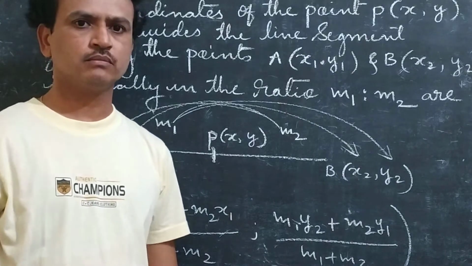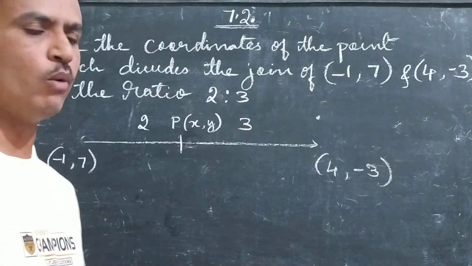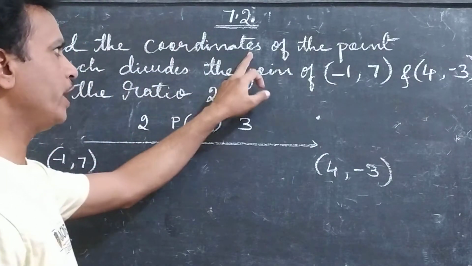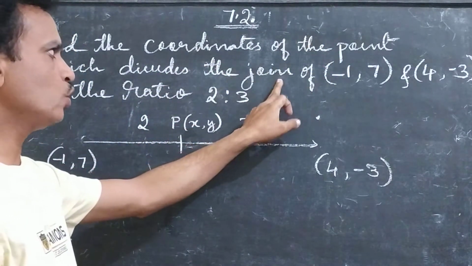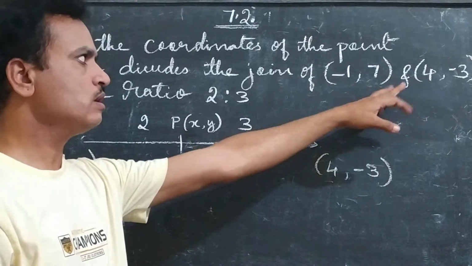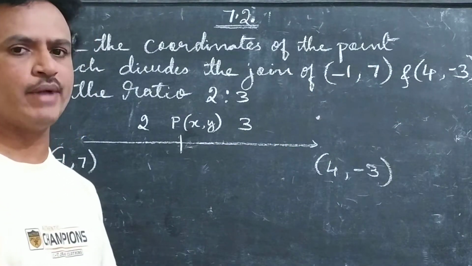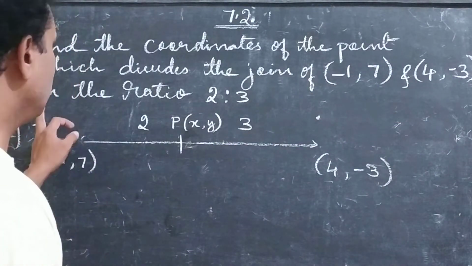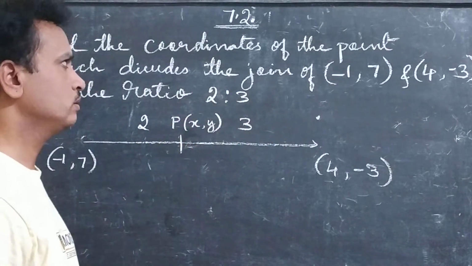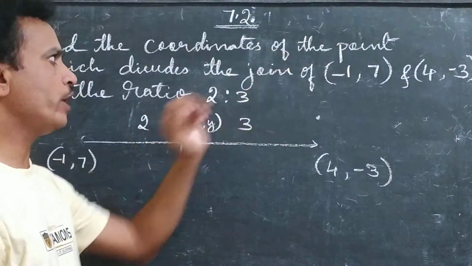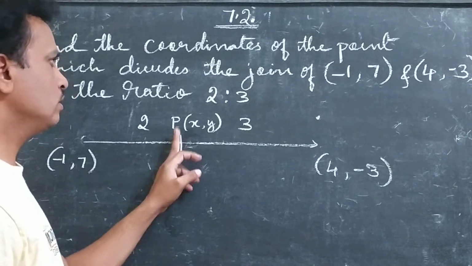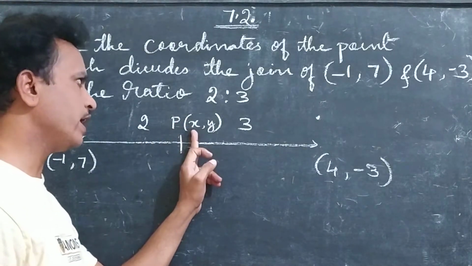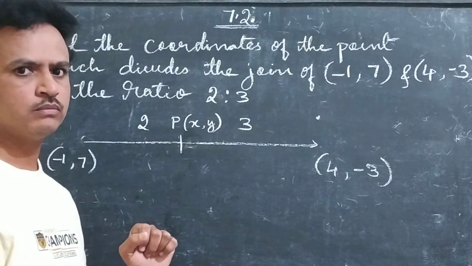First question. Question number 1: Find the coordinates of the point which divides the join of (-1, 7) and (4, -3) in the ratio 2 is to 3. Find the coordinates of the point. That means here we will take point P. Coordinates of the point means we should find the x and y value.